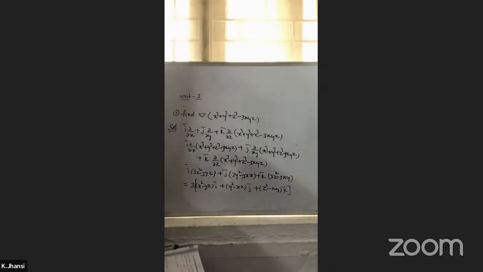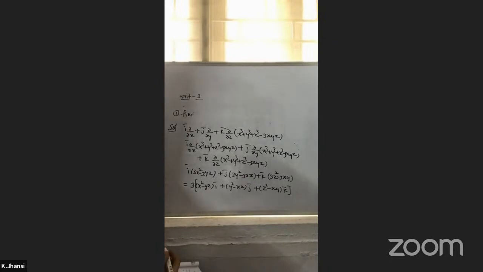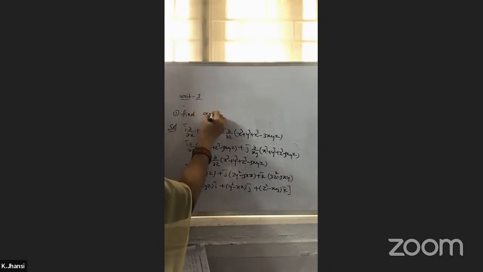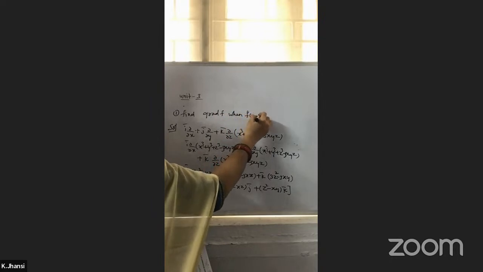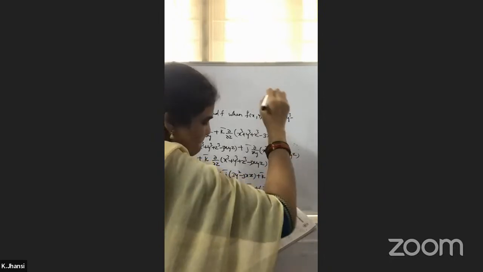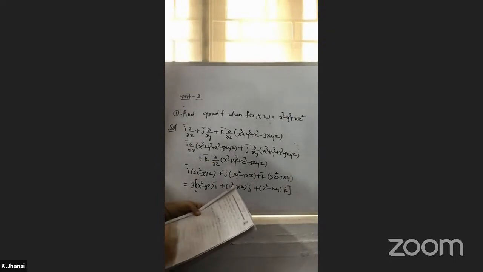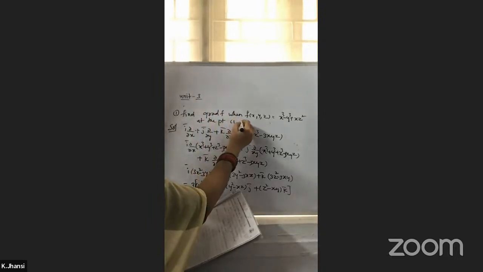Find grad f when f of x comma y comma z is equal to x cube minus y cube plus x z square, at the point 1 comma minus 1 comma 2. So we need to find the gradient.